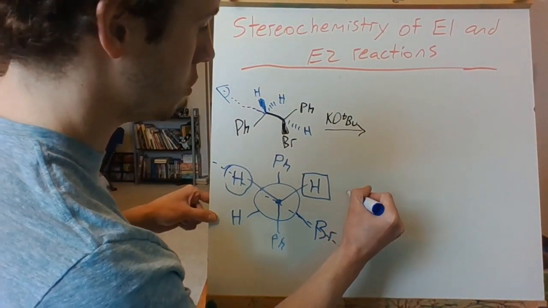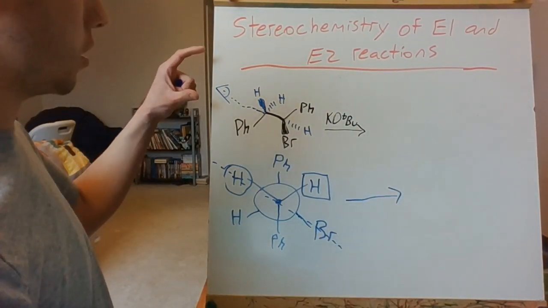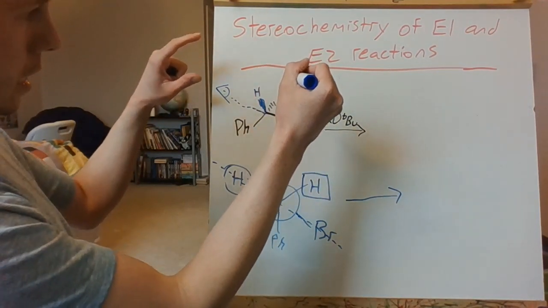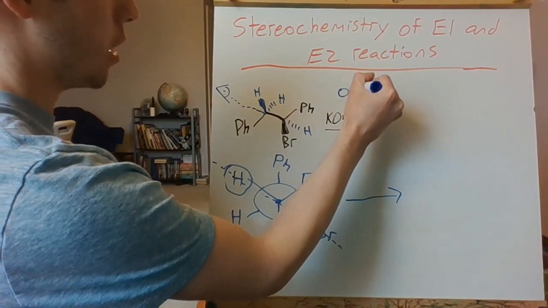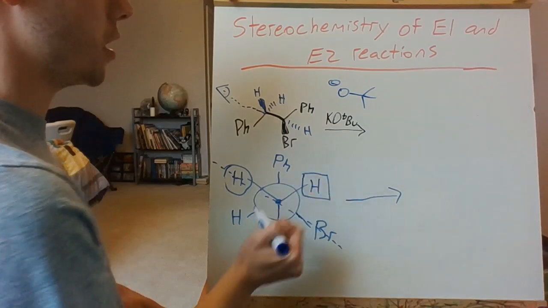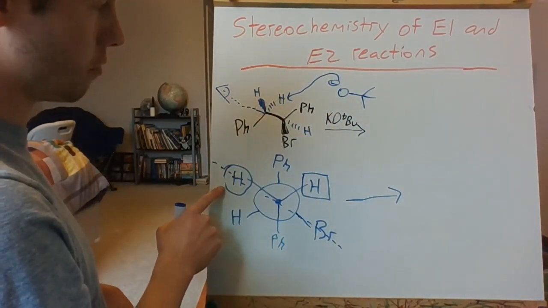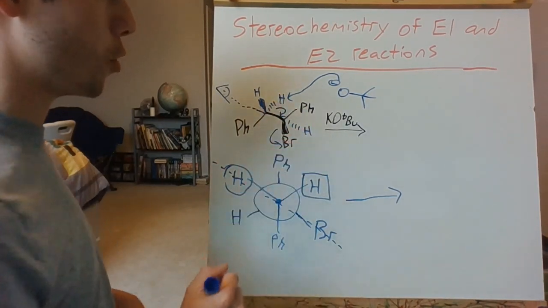And so if we do that, we would just grab this proton back here. So we take our tert-butoxide, because we know that potassium doesn't mean anything. It grabs this hydrogen right here, and then we move these electrons down and we kick off the bromine.